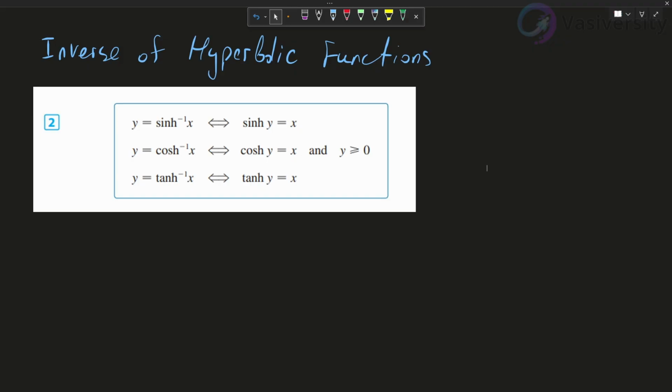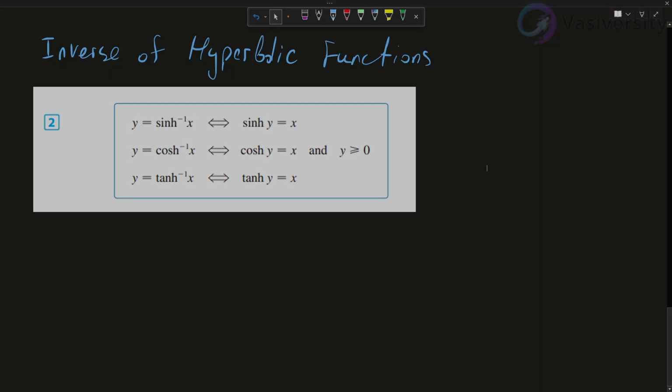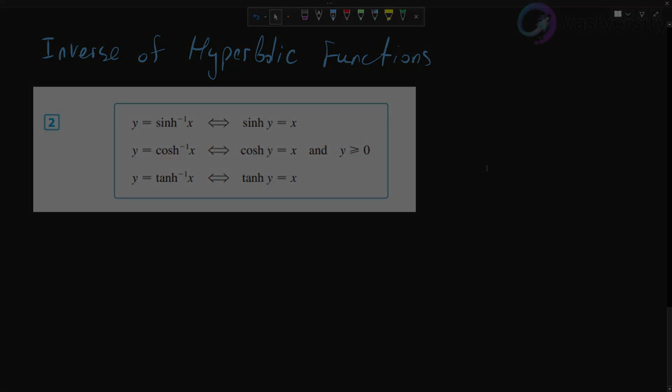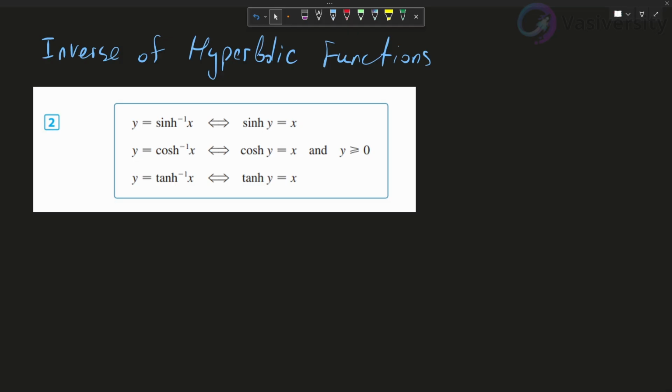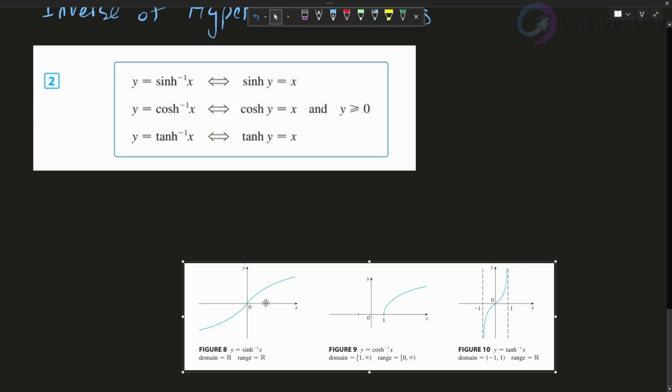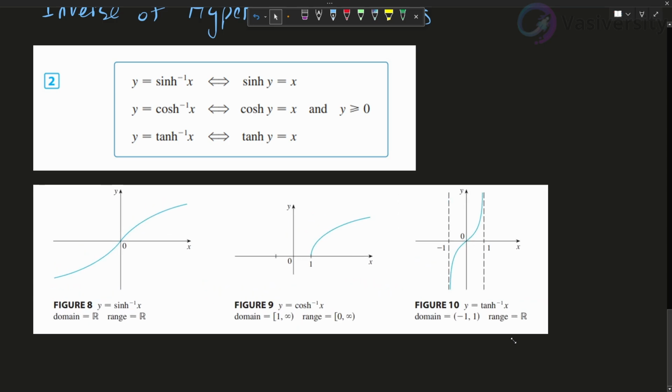The important part is for us to be able to sketch it. Some of it is not going to be immediately obvious. For example, the inverse hyperbolic sine doesn't look too different from a regular sinh.